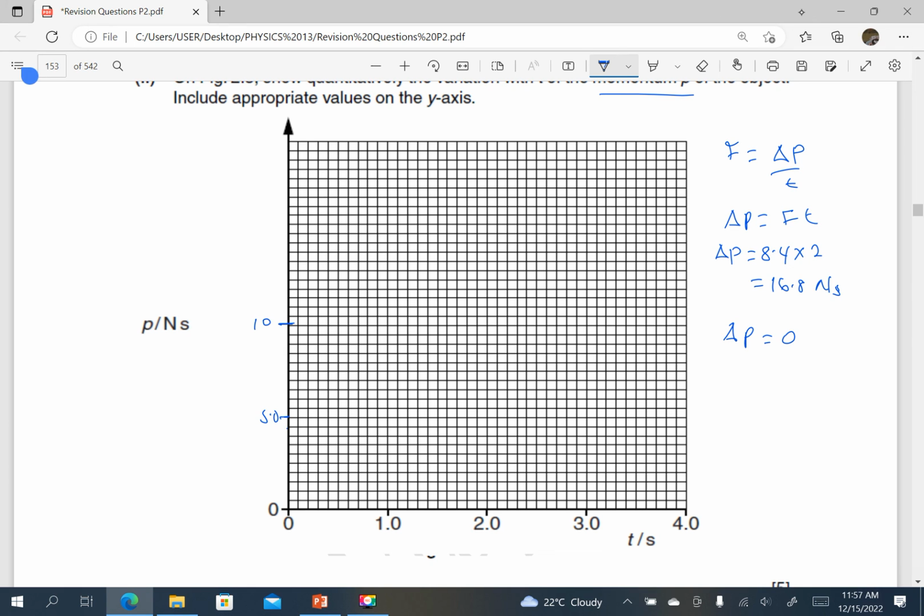Another 10, that is going to be 15, and this is going to be 20. So for the first 2 seconds, the change in momentum is 16.8. So I look for 16.8. The scale on the vertical is each small square is 0.5. So this is 15.5, 16, 16.5, 16.8 is in the center here. 16.8 is somewhere here.